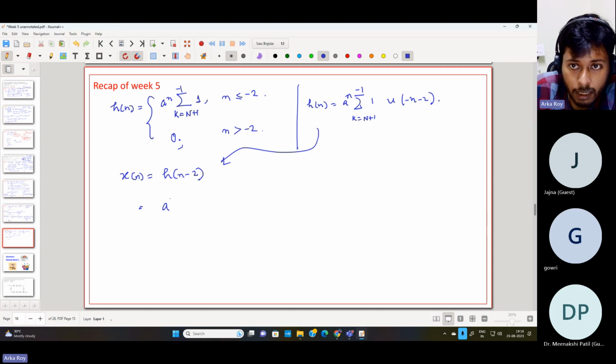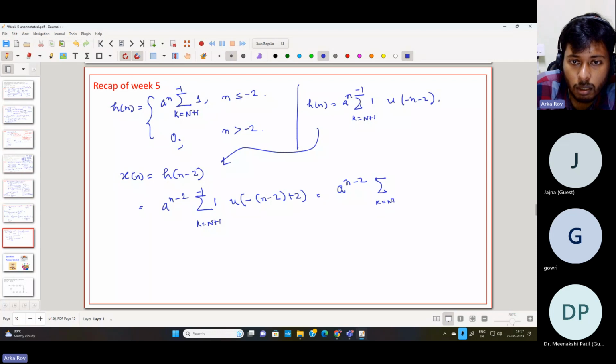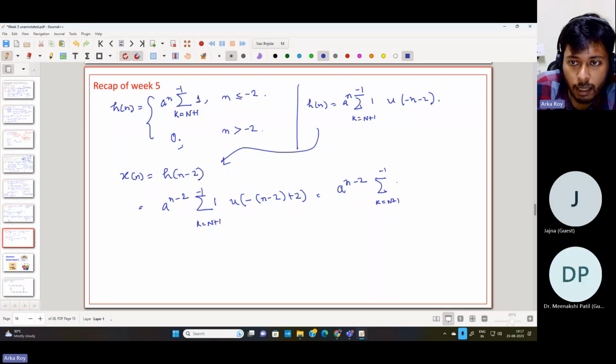So I can write it as a to the power n minus 2, and then summation 1, k equals to n plus 1 to minus 1, then u of minus of n minus 2 plus 2. So it will give me a to the power n minus 2 and then summation k is equals to n plus 1 to minus 1 and then this is 1. So I have to solve this part also. So this is also remaining.